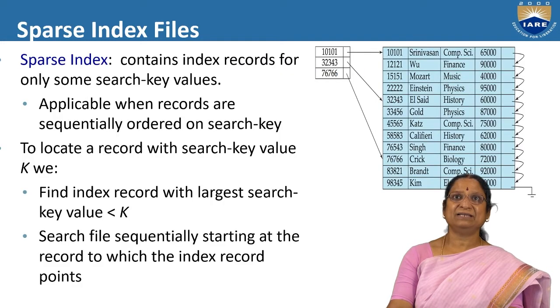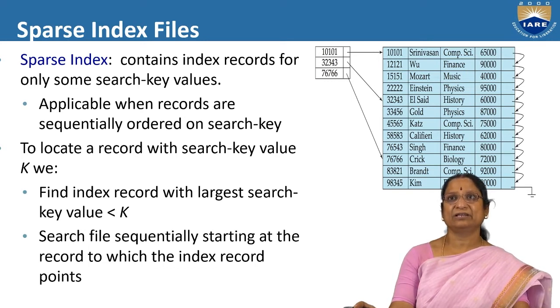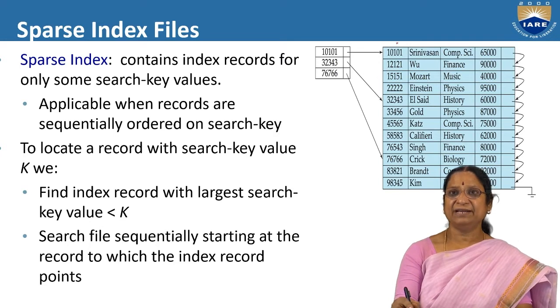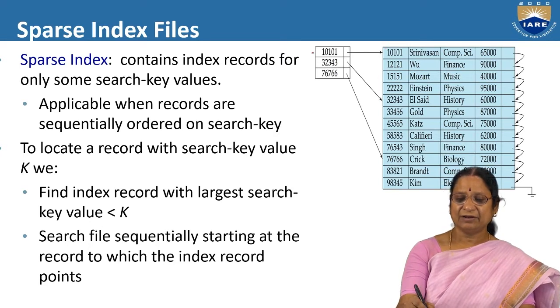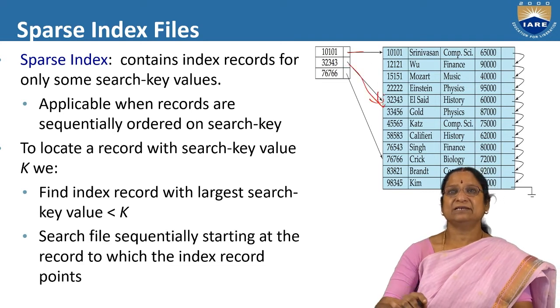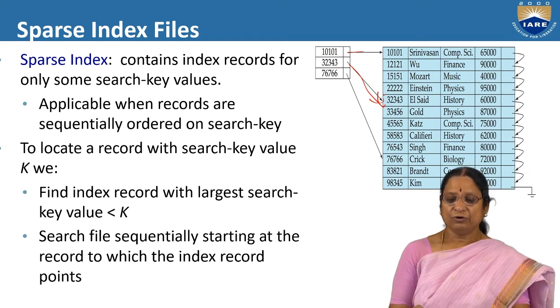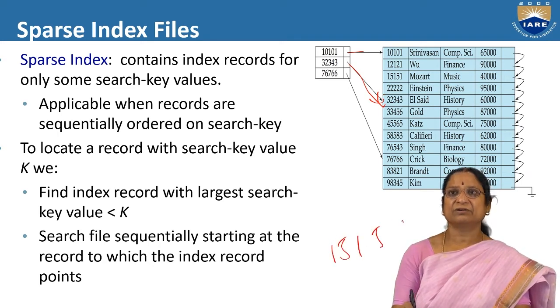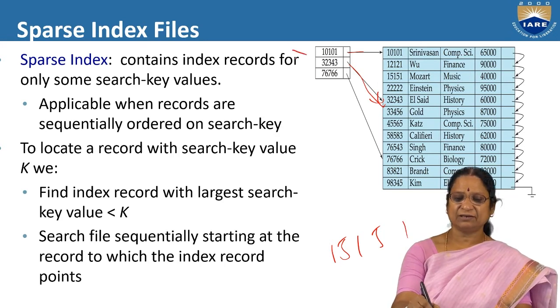A sparse index file means it contains index records for only some search key values. So for example, in the previous case, if ID is there, in sparse indices the first index value is there, and the second is 32343. That means up to that, the search process is continued. For example, I am searching for the value 1515. First we will search here.